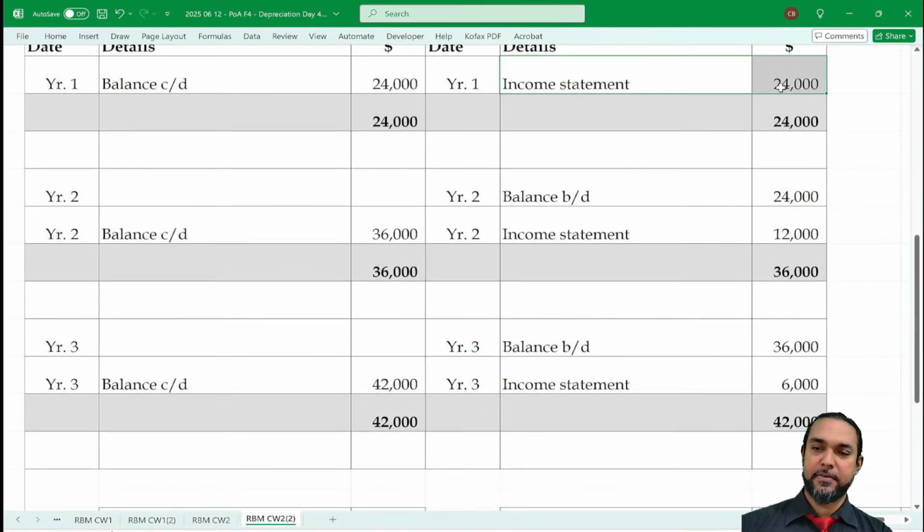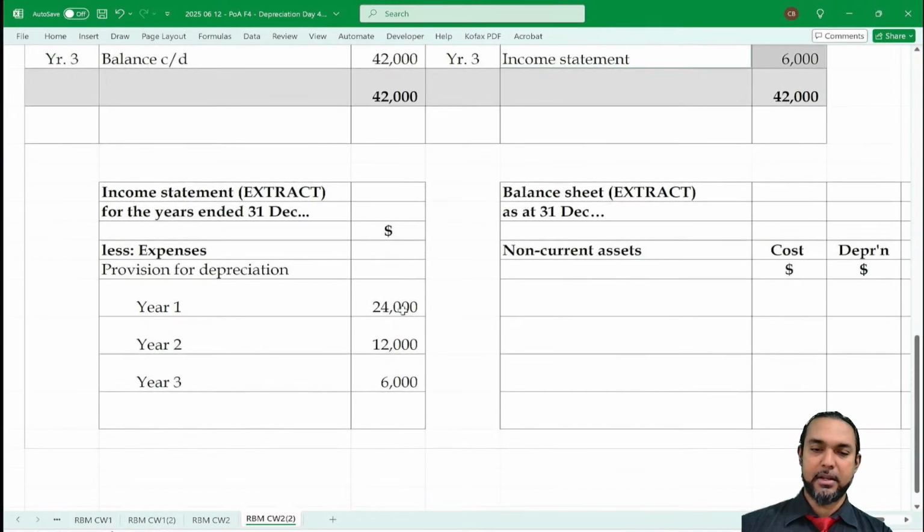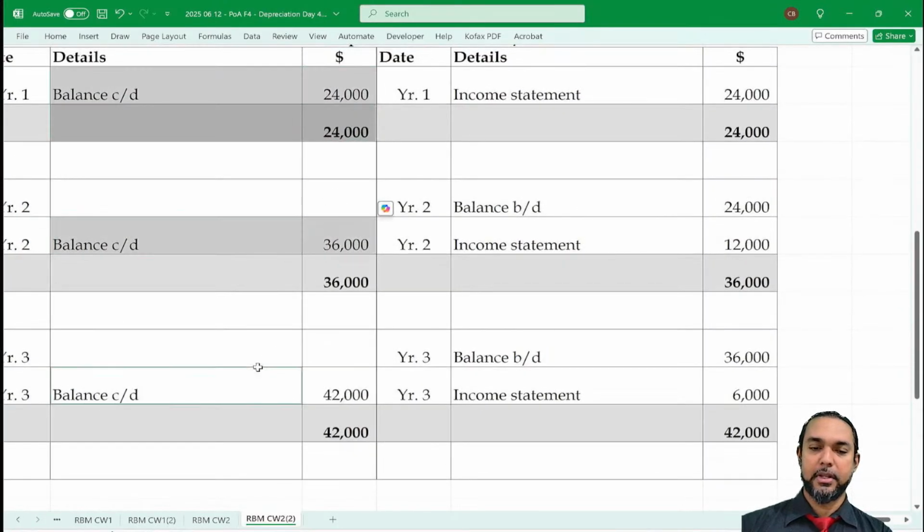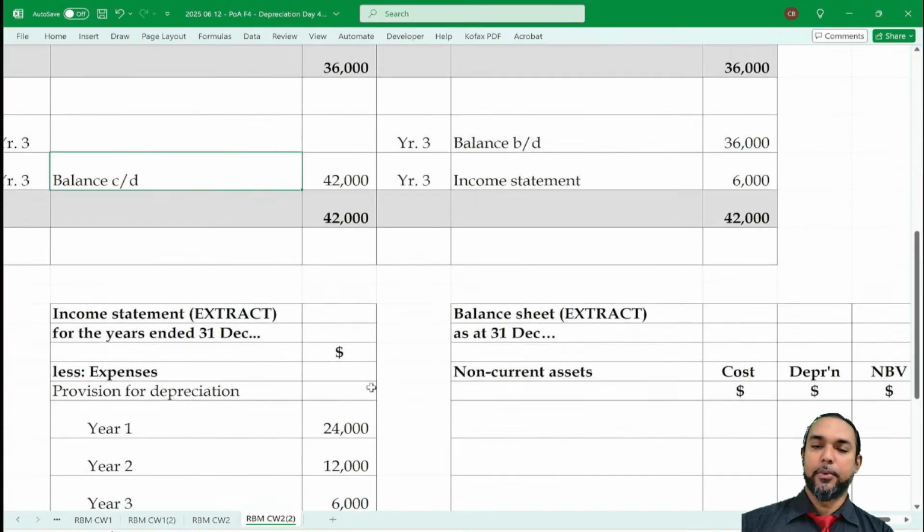So check it. The income statement figures 24, 12, and 6. Those went in the balance sheet. See? 24, 12, and 6. The balances would go in the balance sheet. What I mean by that is as follows.